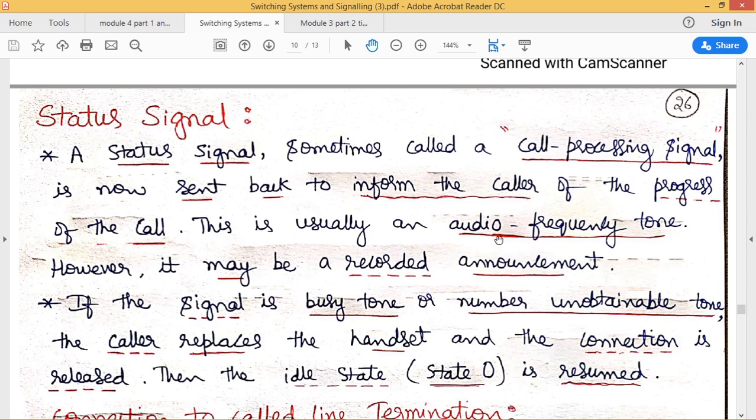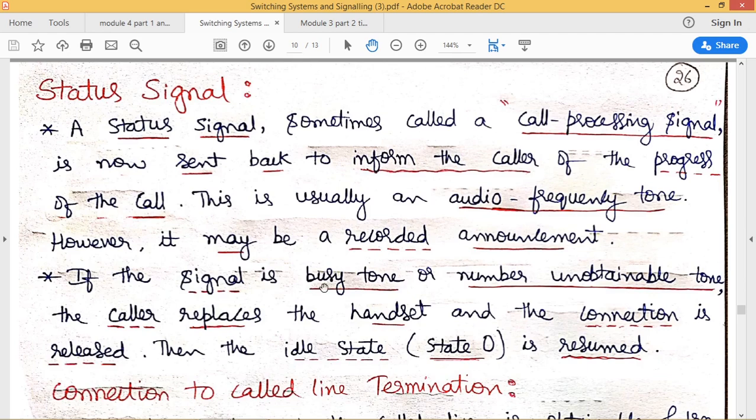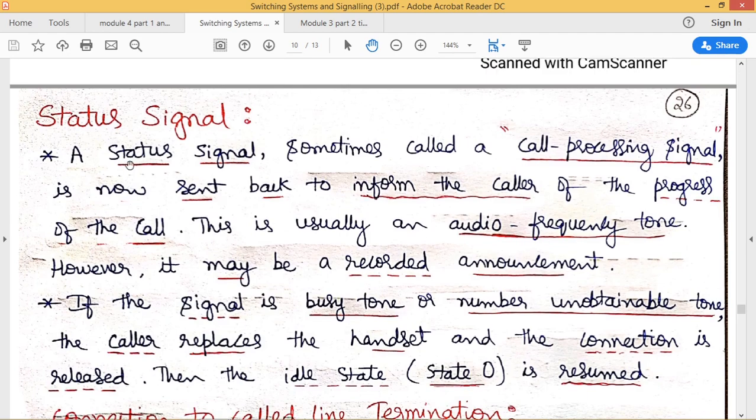It is usually an audio frequency tone or a pre-recorded announcement. Please note that the status signal is sent back to the calling person, saying whether the called person is free or not, whether he is available to receive the call.